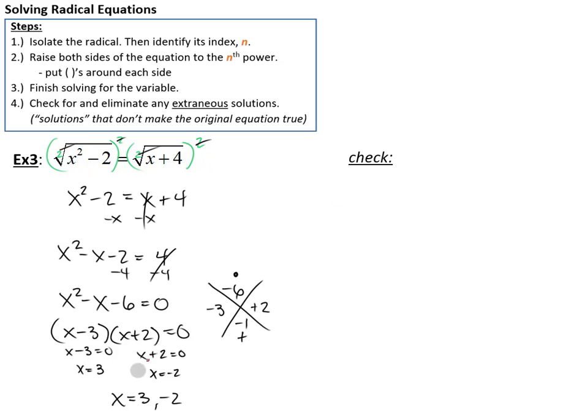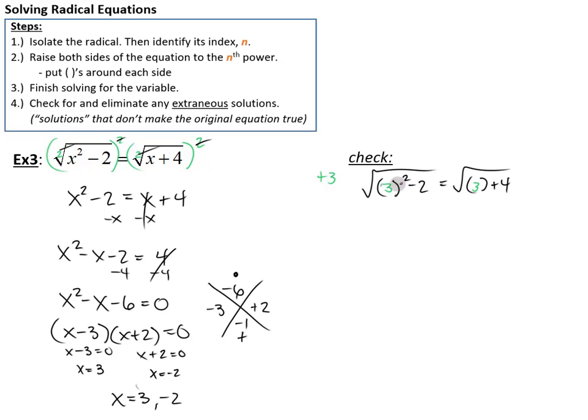Let's plug in +3 first. So we're checking +3 here, and we plug in 3 everywhere we see x. Will x squared minus 2 equal the square root of x plus 4? So the square root of 3 squared minus 2 equals the square root of 3 plus 4.